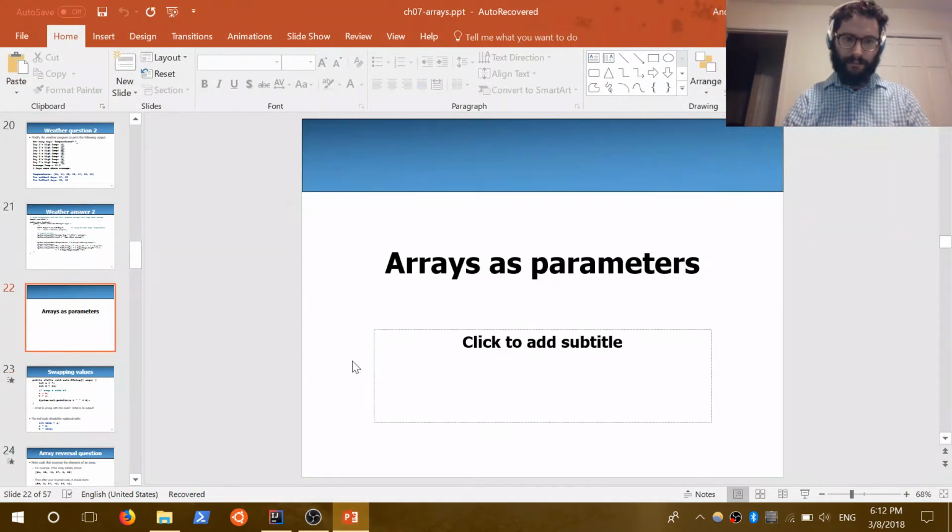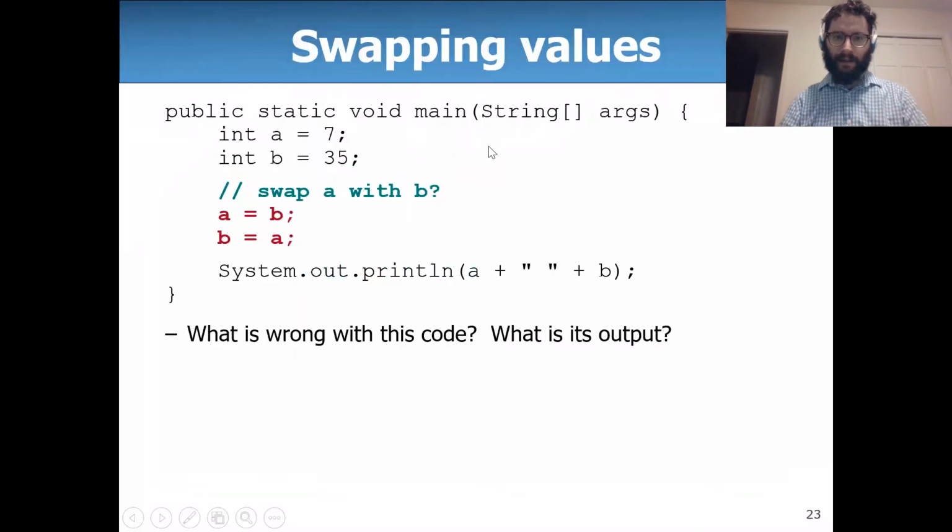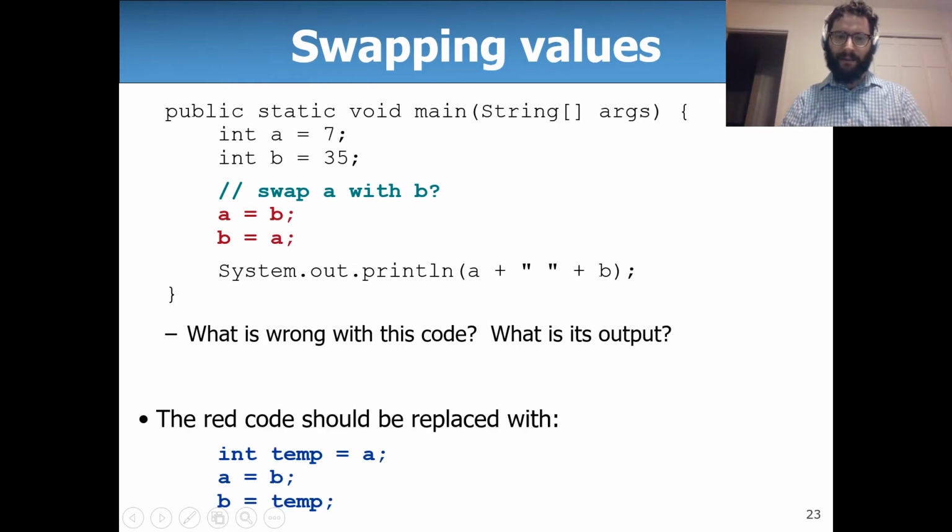Suppose you want to swap values: A is equal to B, B is equal to A. So we're storing 35 in A, and then 35 in B, so now it's going to be 35 and 35. What we need is a temporary value whenever we want to swap things. You need something to hold that original value, you overwrite it, and then you take that value that was overridden and store it in the value that you want to swap with.